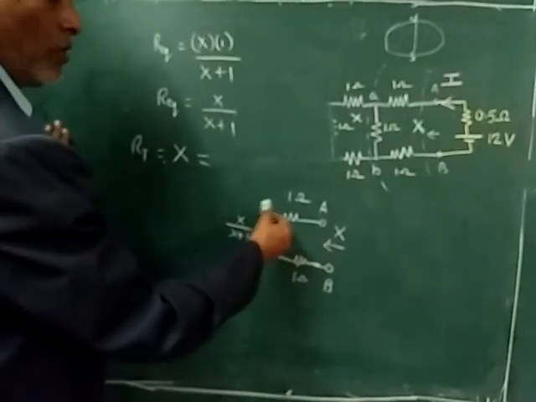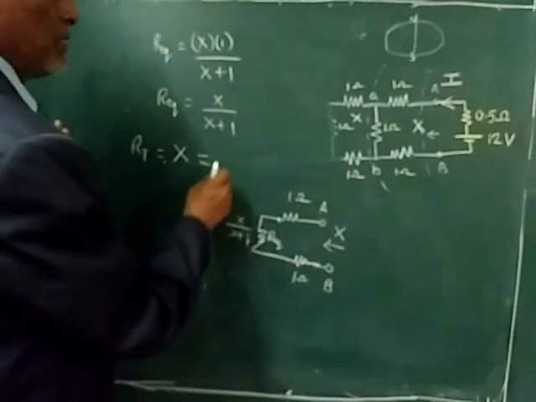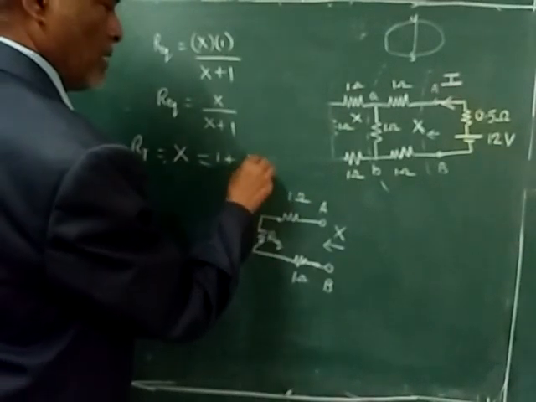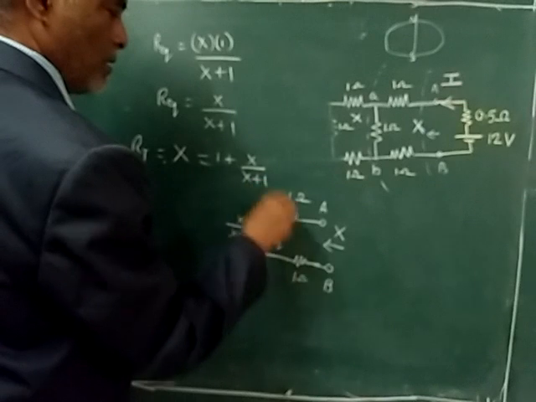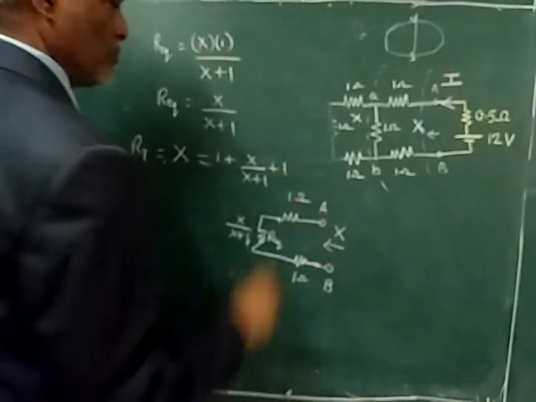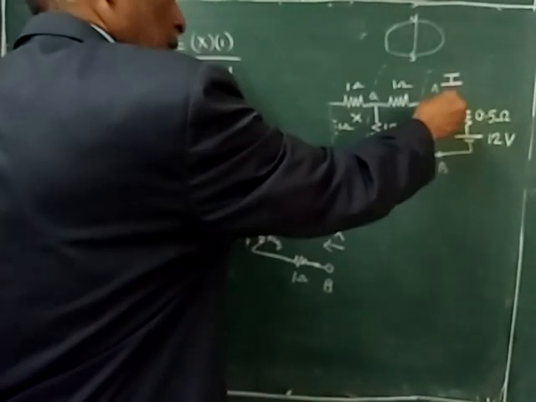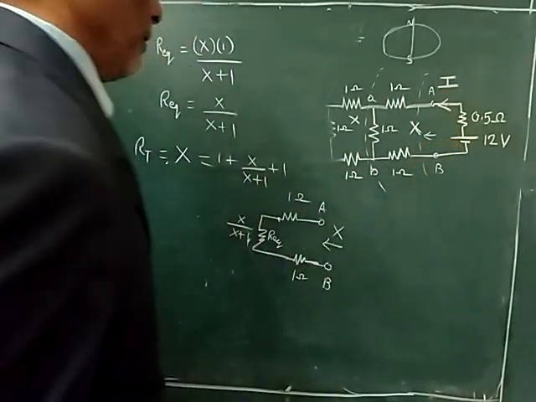So we have to add all these three. That is 1 ohm, 1 plus X by X plus 1, again 1 plus 1 ohms. That will be the total resistance between this capital A and capital B.